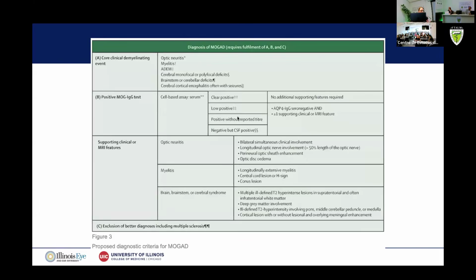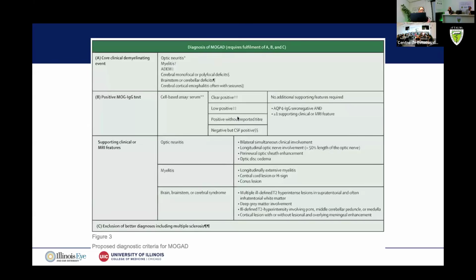Next, once we've established that clinically they look like there's a demyelinating disease, we get the serum testing for MOG IgG antibody. If the test is positive, they define that as a titer greater than 1 to 100. Then we've got our diagnosis. The clinical picture meets MOGAD. The titers are suggestive of that.